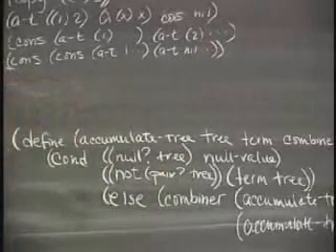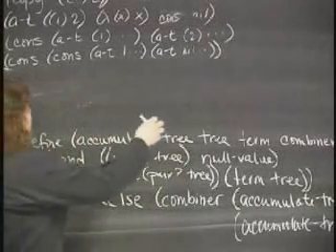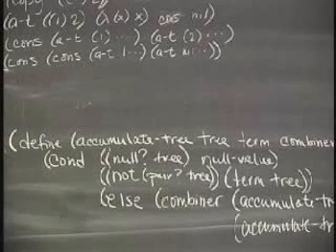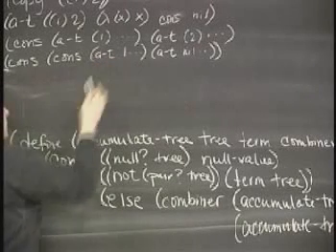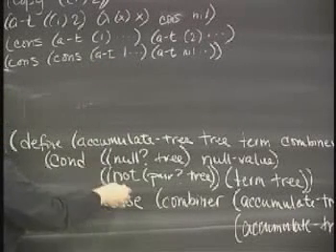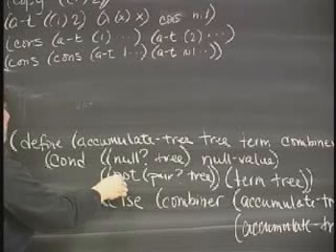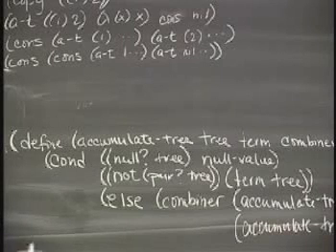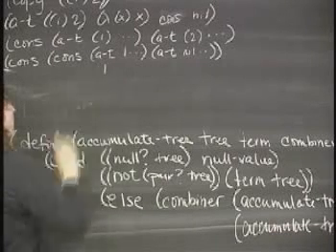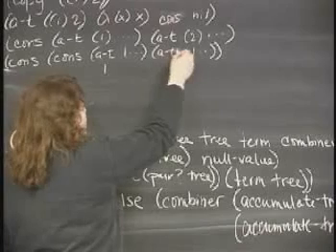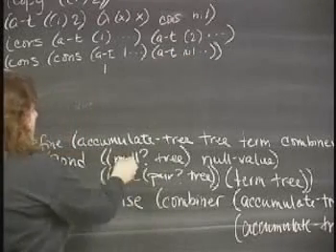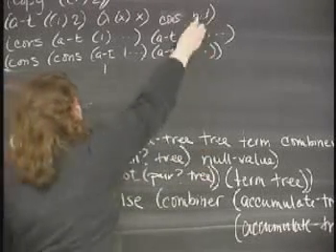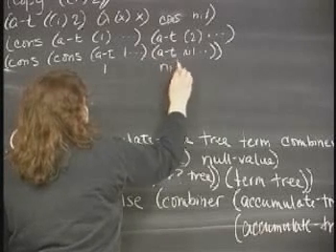Okay. So, well, let's finish up this call first. Accumulate tree 1, not null, but this becomes true. Term of the tree is 1. Okay, now we're going to accumulate tree on the nil. Well, that's null, and we return the null value, which is nil.